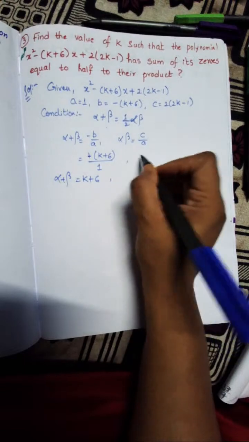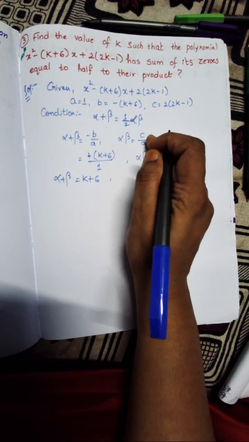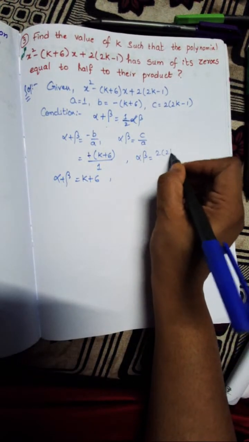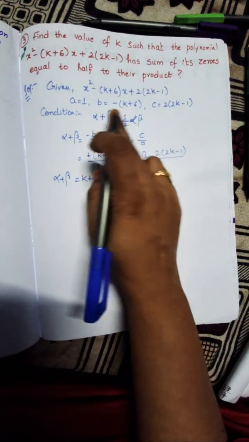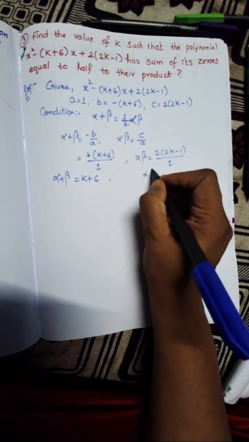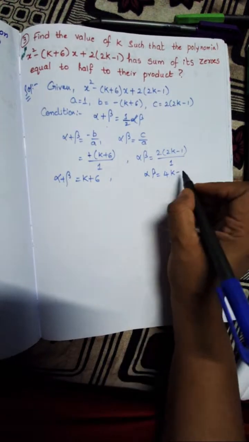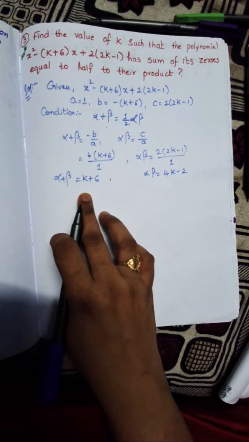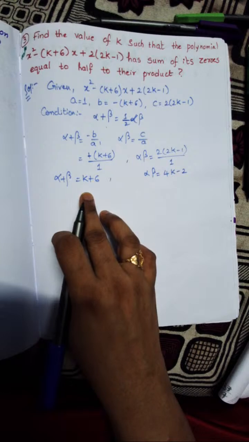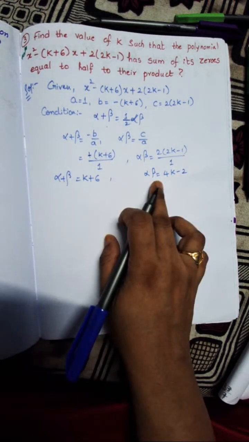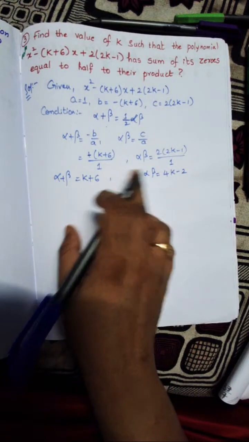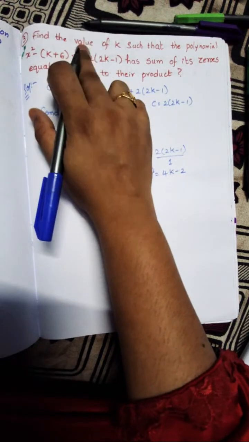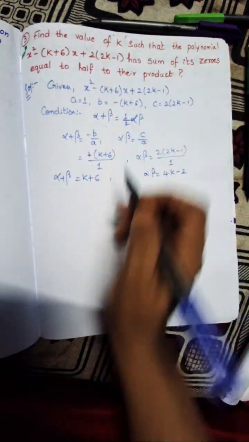Now alpha beta equal to c by a, that is 2 into (2k minus 1) by 1. Alpha beta equal to 4k minus 2. Okay, we obtained the sum of zeros and the product of zeros, two values. Now we have to substitute these values in the given condition to get the value of k.